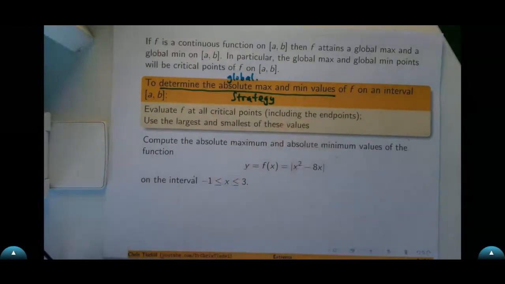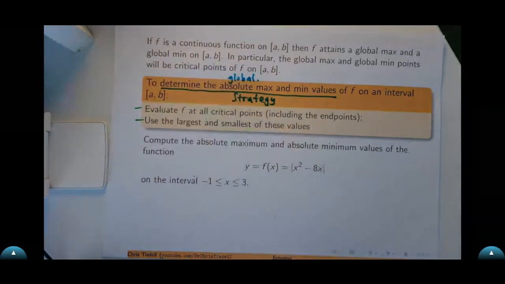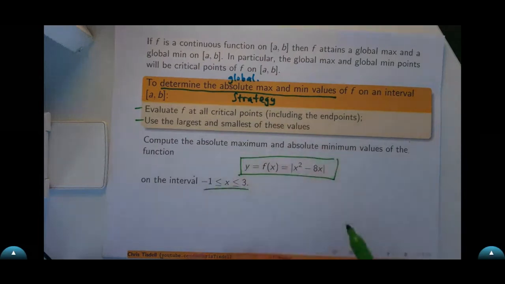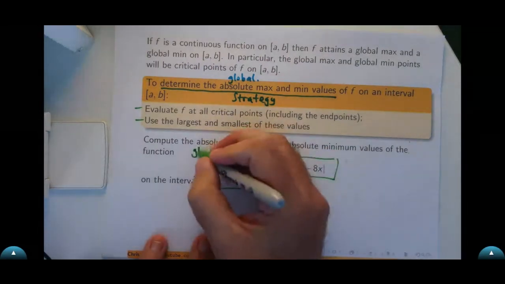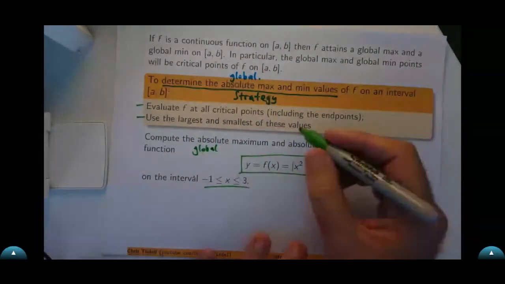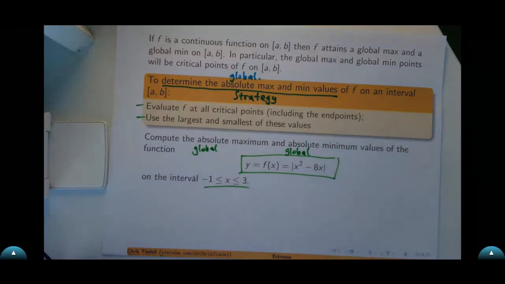So the easiest way to do this is just to do an example. Some of you may already be familiar with these. So here's a function. Here's an interval. Determine the absolute or global maximum and absolute or global minimum values. Okay. So let me draw this in GeoGebra, and we can have a discussion.